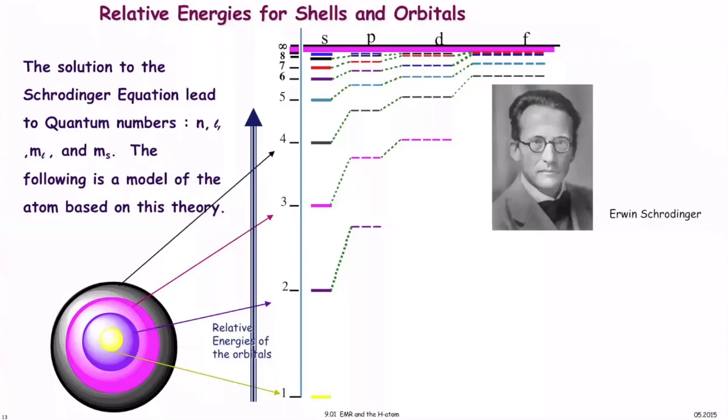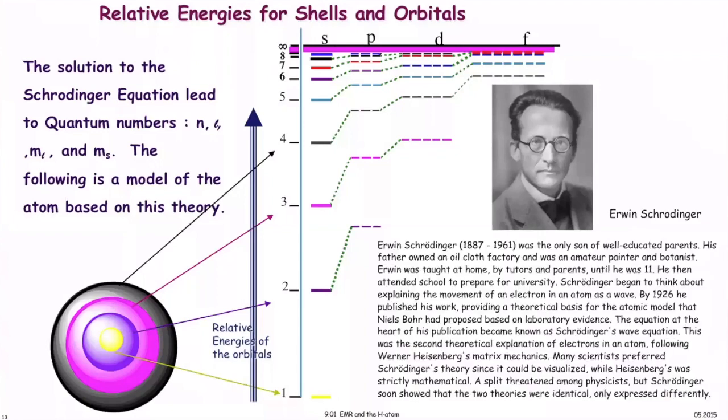Okay, and the guy who developed this idea was Erwin Schrodinger, and he basically said that electrons are not particles. Okay, they have particle-like properties and they have energy-like properties. So it's not good to define an electron, this is the nucleus, as a particle, thinking that it can move from one shell to the other.